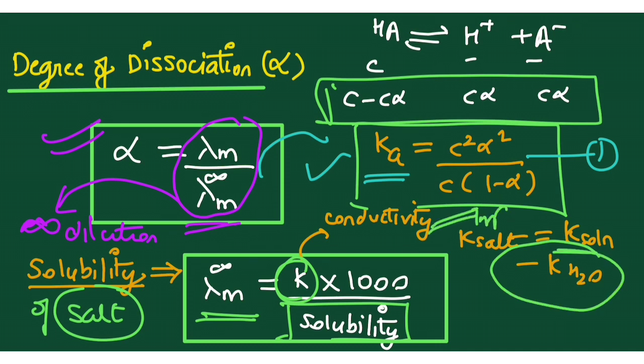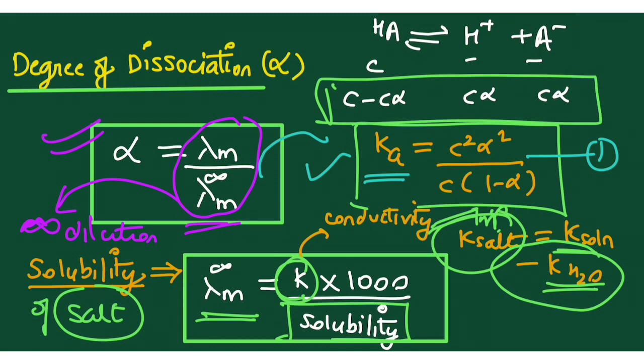Very important. 99% of the students will make a mistake here if they don't watch the video carefully. If you are provided with the value for the solution and for the water, first of all, subtract the value of water and calculate for the salt. You have to put it for the salt here because you calculate the solubility of the salt. Obviously, you will not calculate the solubility of water in the solution. Okay, you will calculate the solubility of the salt, that is the solute. We never take the solvent, we take the solute. Okay, I hope it is clear by now.